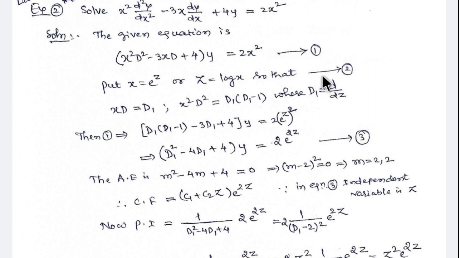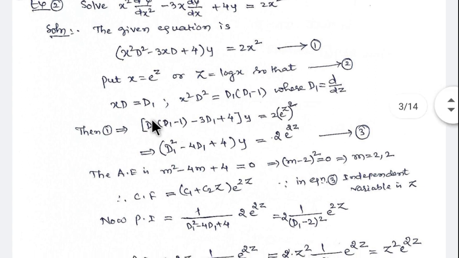Call this equation 2. Then xD is replaced by D1, where D1 means the operator d by dz. You are changing the independent variable from x to z. And x square D square is replaced by D1 into (D1 minus 1), where D1 equals d by dz.